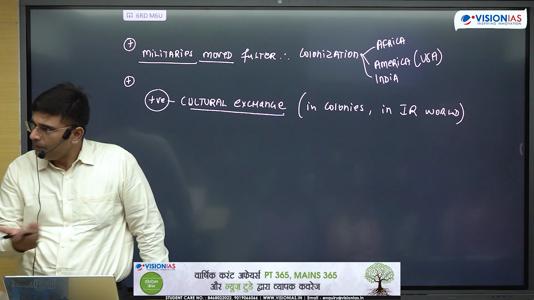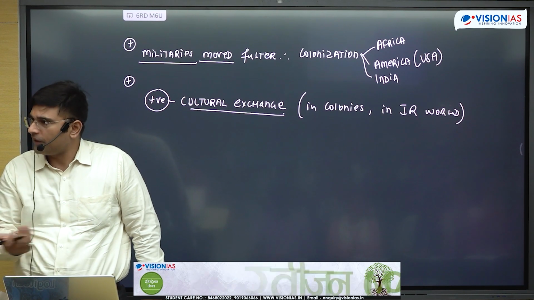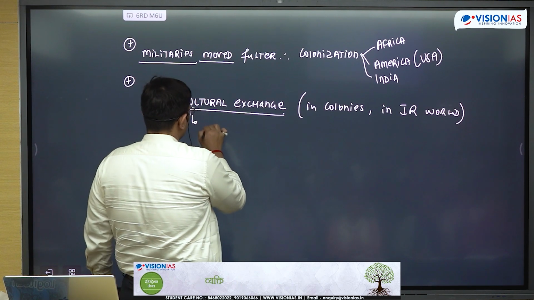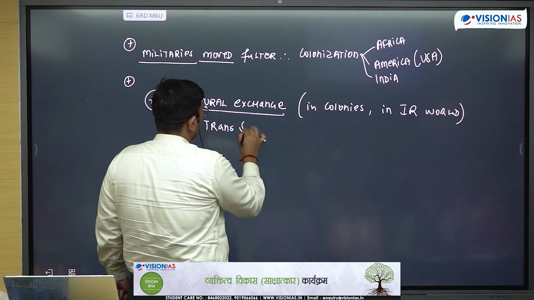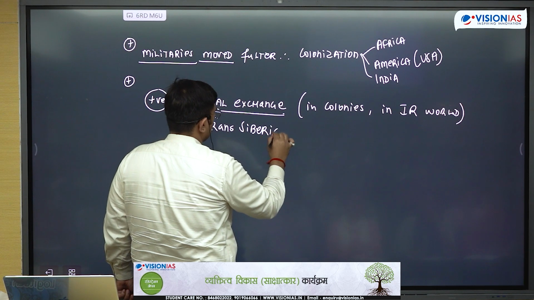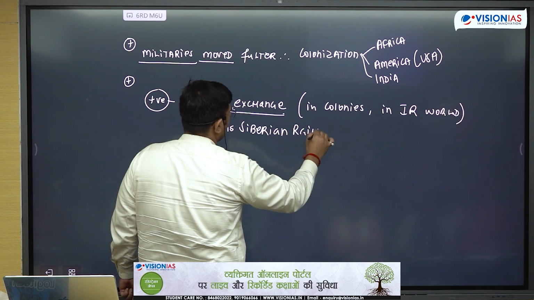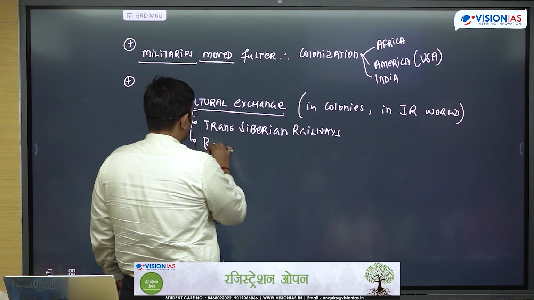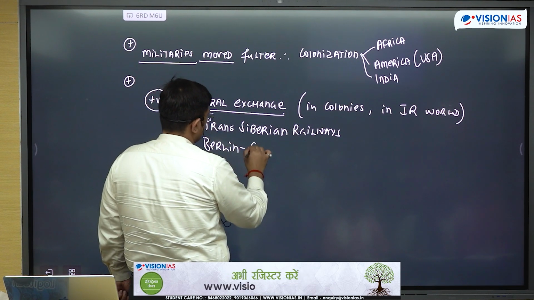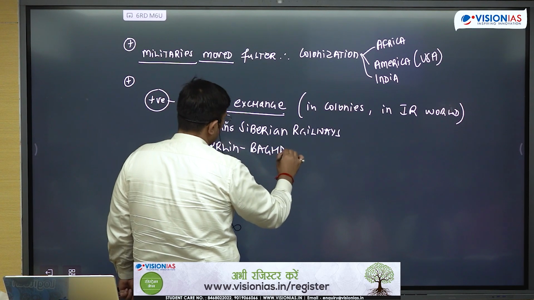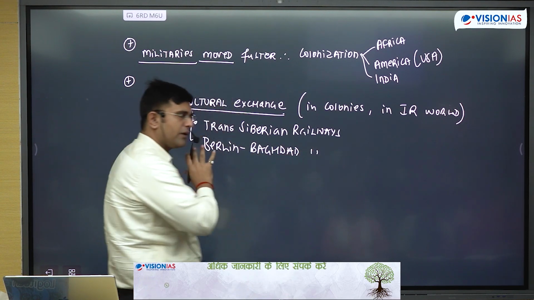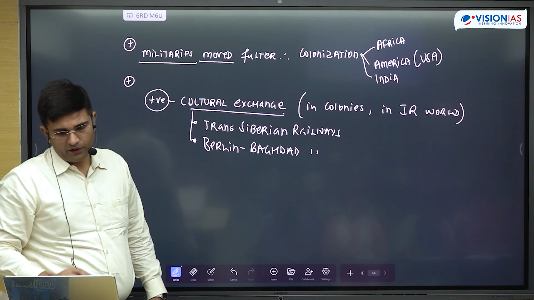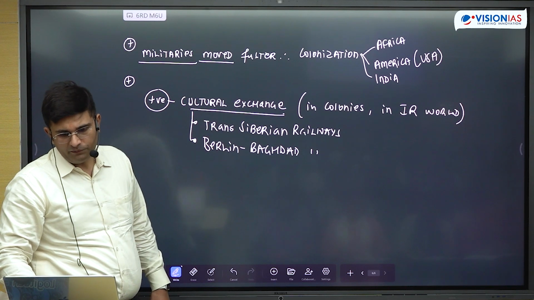And similarly, people can also interact much more with each other, right? So therefore, greater cultural exchange was there. Some examples, you can make international examples, for example, Russians built the Trans-Siberian railways. Similarly, there was the Berlin-Baghdad railways. If you remember, you can write down Berlin-Baghdad railways, or without examples also, you can mention, because this is a simple commonsensical point, right? So this is what you can say.